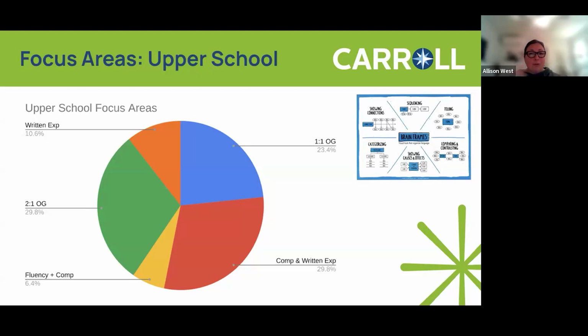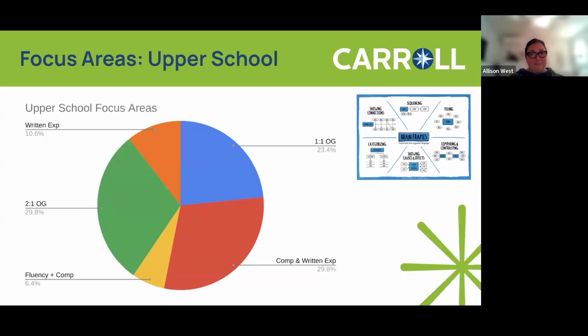Now, our upper school educators have their own pie, and we can see a diverse set of offerings that range from one-on-one OG tutorial to small group writing, fluency, comprehension, and more. And the unique needs of a student who's new to us in this upper school environment really requires that team of educators work to creatively design courses each year that are truly tailored to those students.